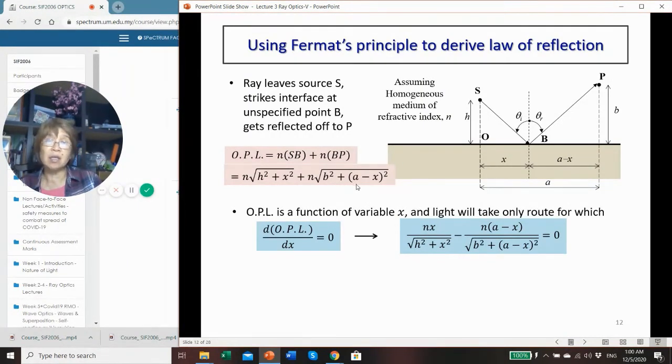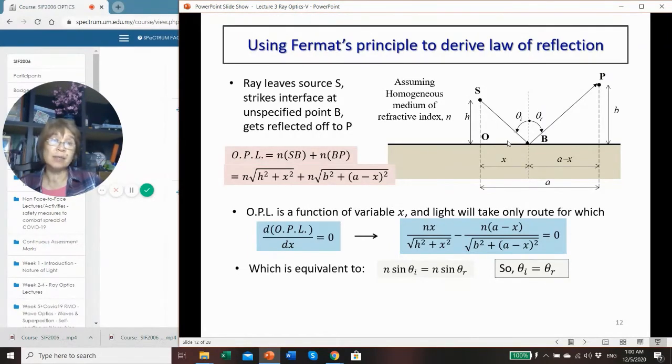Likewise for this, it will work out to be n into (A minus X) divided by the root of this expression, and we equate that to 0. That is equivalent to writing it as, now, X over hypotenuse is actually the sine of this angle.